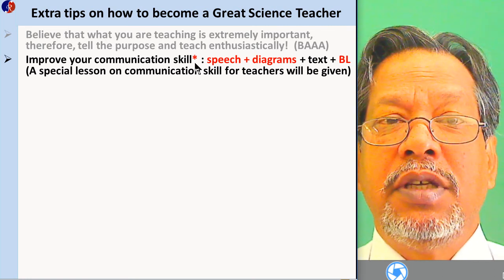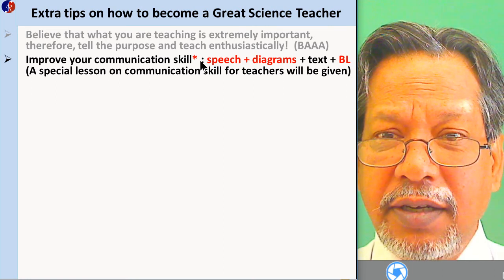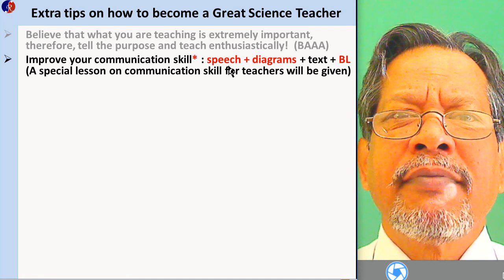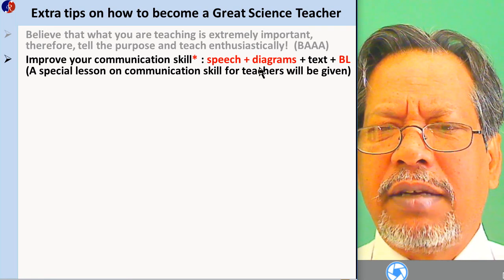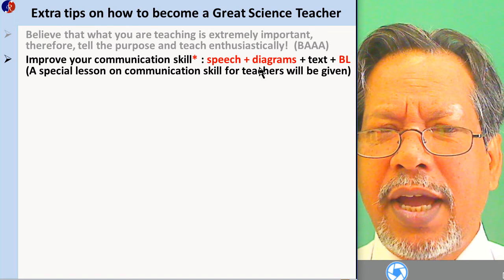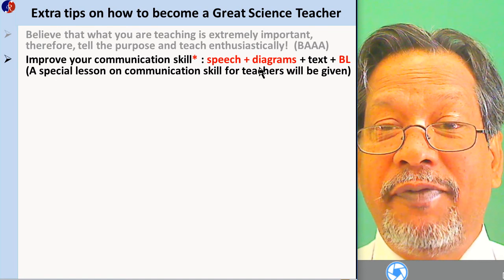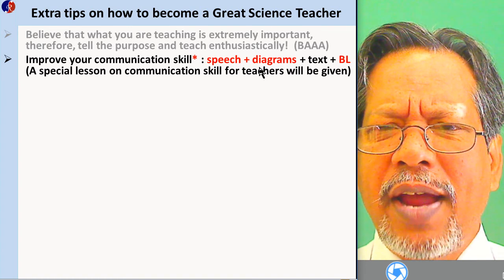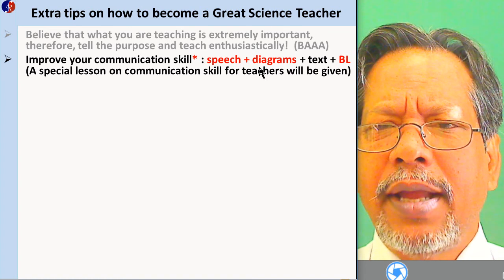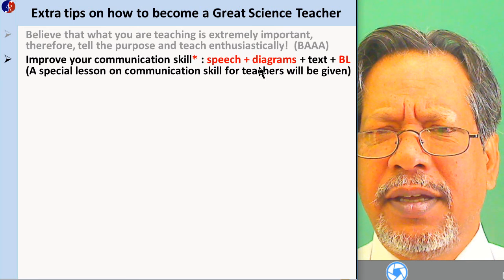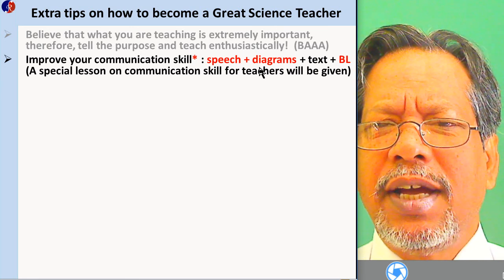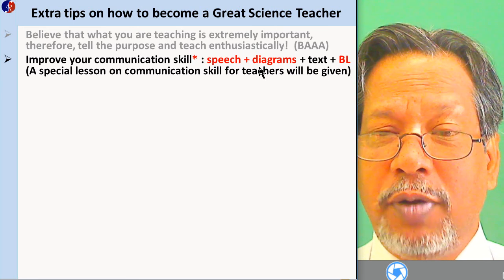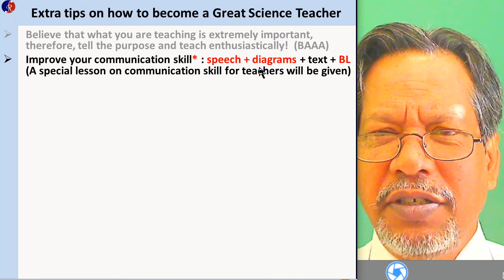Entire communication skill. Speech: speak clearly, slowly. Drawing the diagrams correctly, simple diagrams that make it very clear to the students. You do not have to spend half an hour drawing a very nice bolt, okay? It was a waste of time. There was a time drawing a screw and a bolt was the ultimate of engineering.